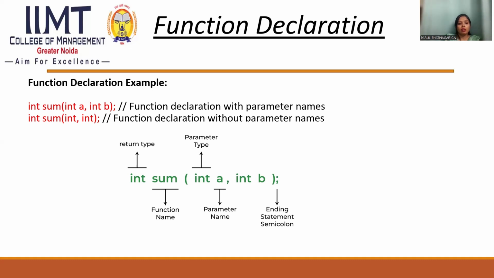And second one, in sum, in between, we write parameter type. Here, we declare function without parameter names. If we write int sum, in this, int is a return type, sum is the name of the function. In between of brackets, we write two parameters, int a. Int is a parameter type, a is a parameter name, and which is ending by semicolon.